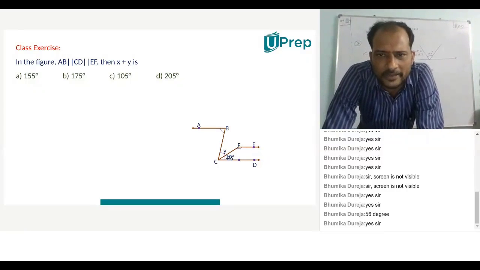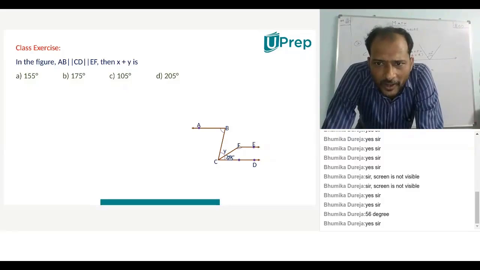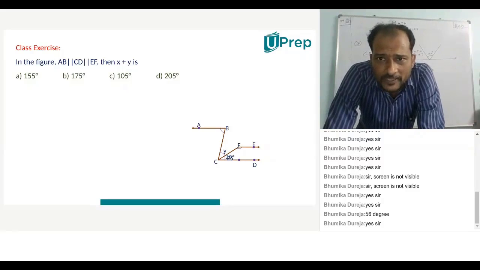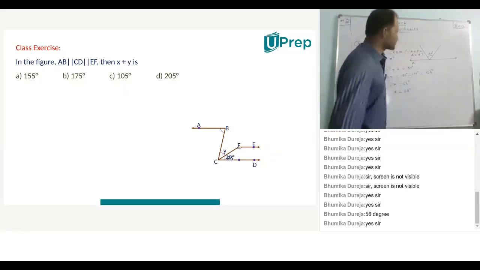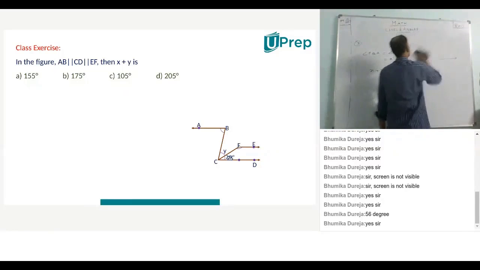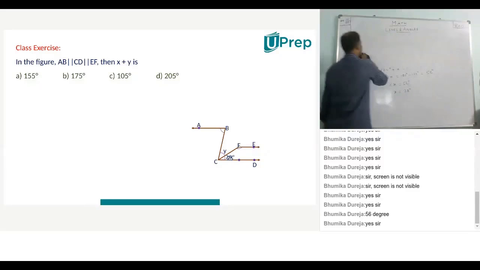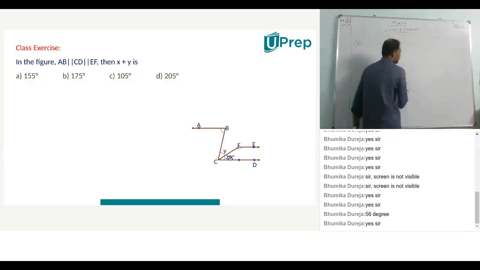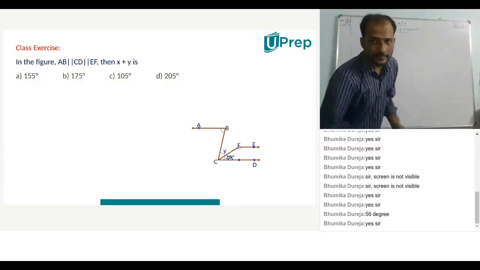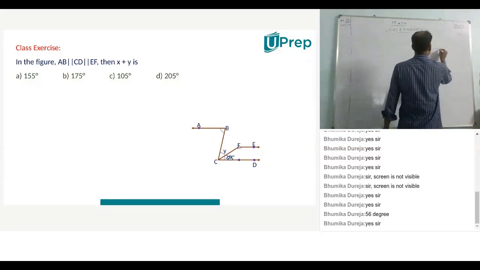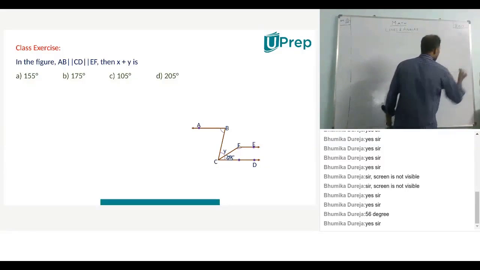Here there is one printing error. At the place of angle B, the measure should be given 75 degrees. It's not printed. Let's take the angle as 75 degrees and then find the value of y in the question. Sir, and what is x?